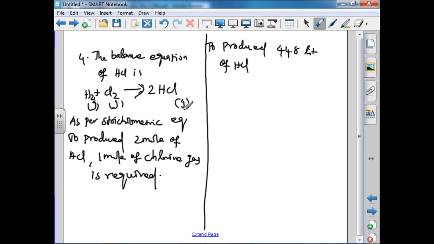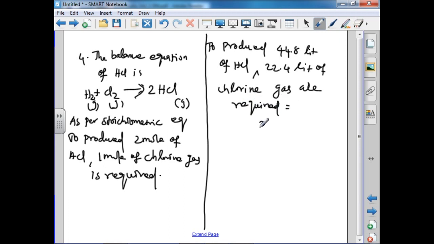To produce 44.8 liter of HCl, 22.4 liter of chlorine gas is required. Equal to 22.4 liter of Cl2 divided by 44.8 liter of HCl.